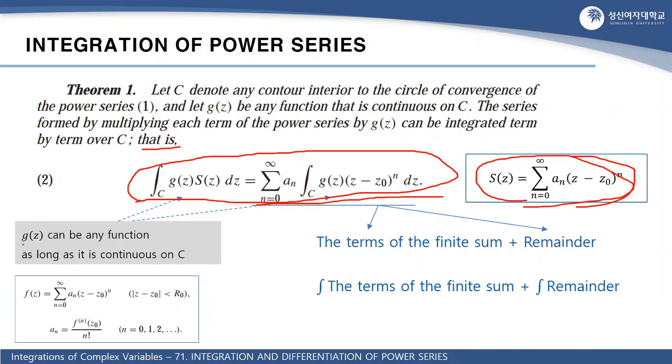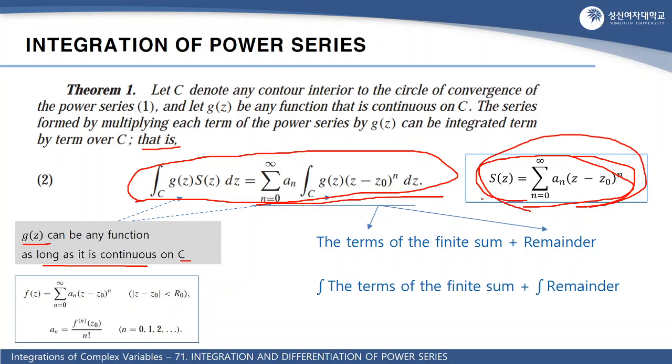Here g of z can be any function as long as it is continuous on the contour C. So for example, g of z can be a constant function.